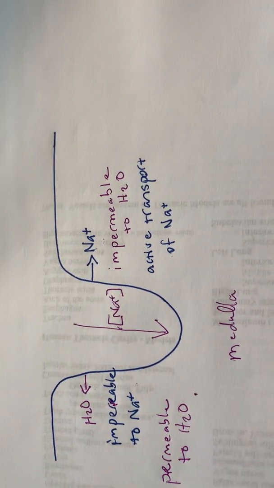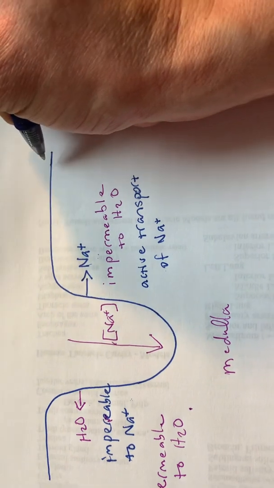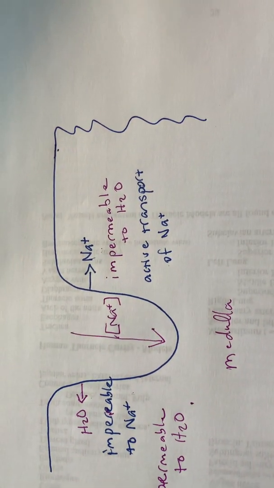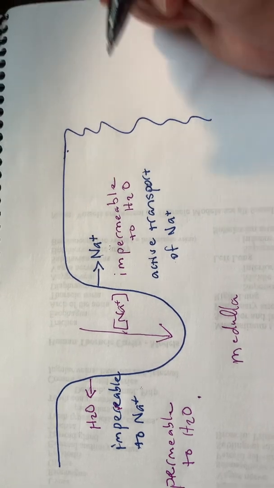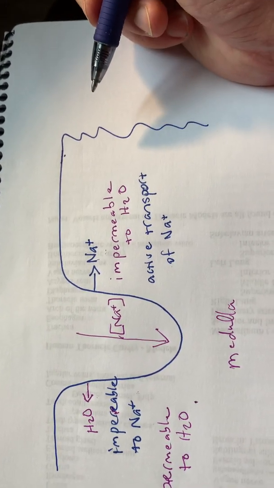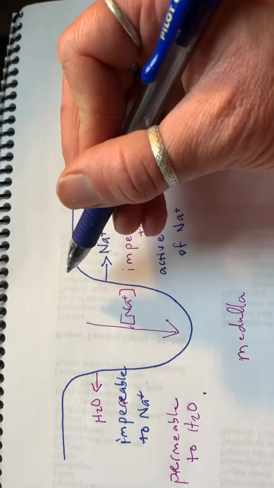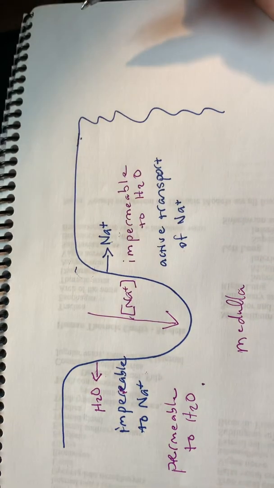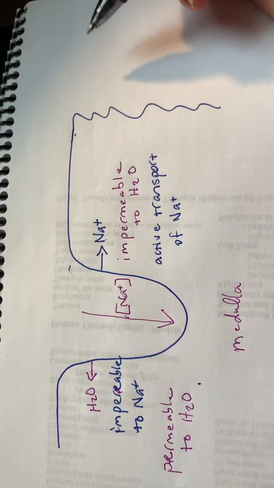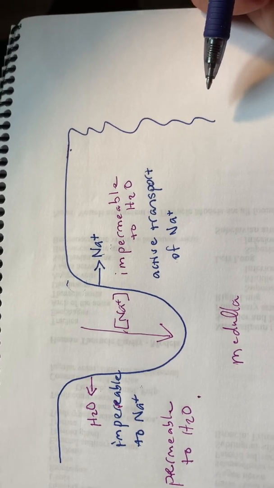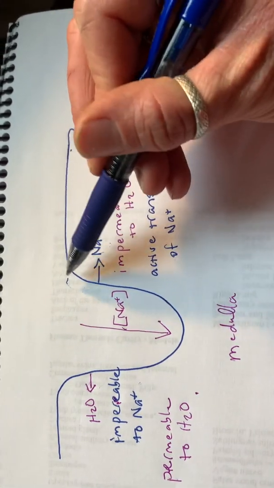Now, once we get up to the distal tubule and the collecting tubule, remember that these are going to be hormonally controlled. And so if we have plenty of water, we're not going to reabsorb any more. So whatever's left in the filtrate at the top of our ascending limb, whatever water is left, it's going to be excreted.